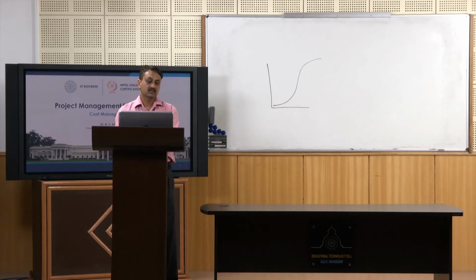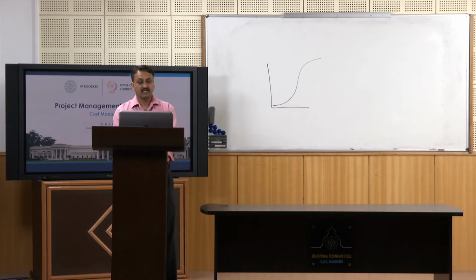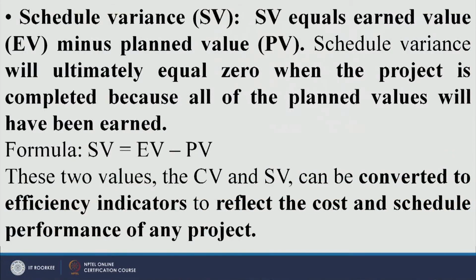Similarly you have schedule variance, which is the difference between earned value and planned value, right. So schedule variance equals earned value minus planned value, and schedule variance will ultimately equal 0 when the project is completed, because all of the planned value will have been earned. Cost variance and schedule variance can be converted into efficiency indicators.